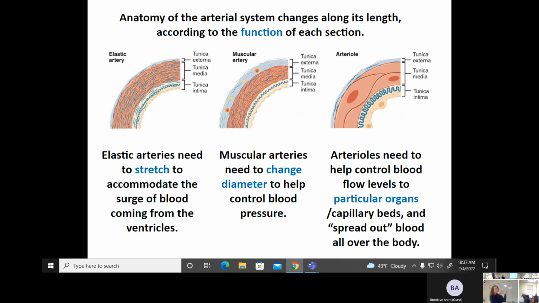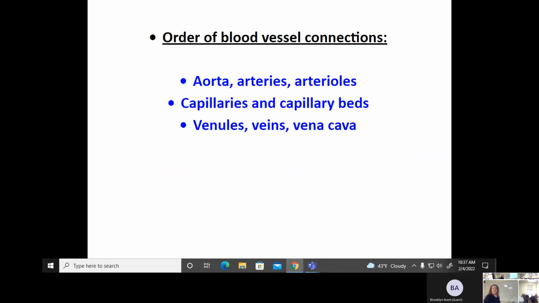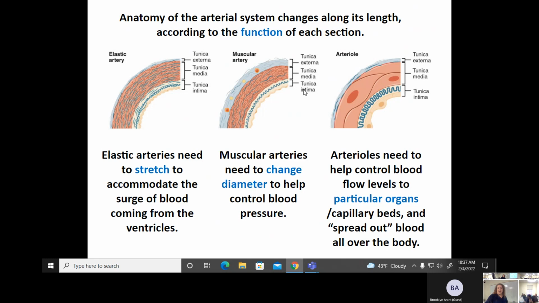So now we're going to look at the structure of these individual parts and how they compare with the different layers of blood vessels. With arteries and arterioles, they all have all three layers, but the thickness of the layer is different for different ones.